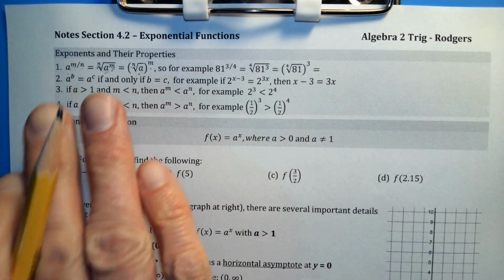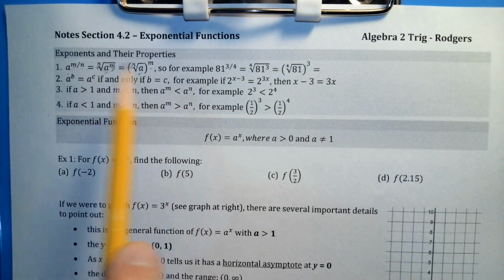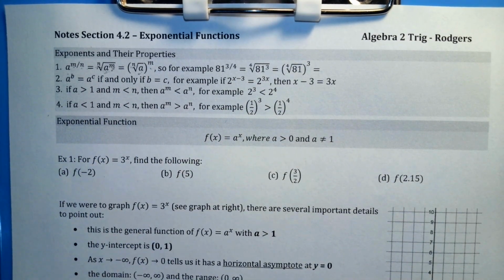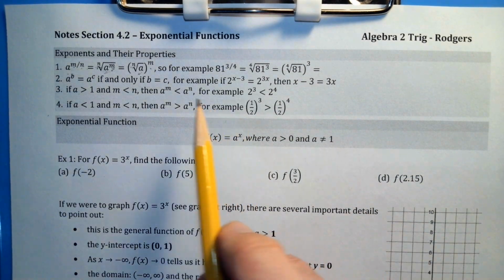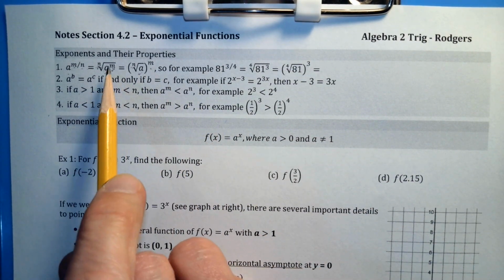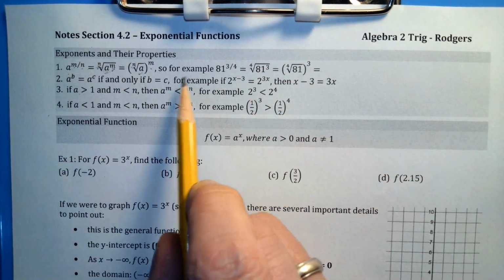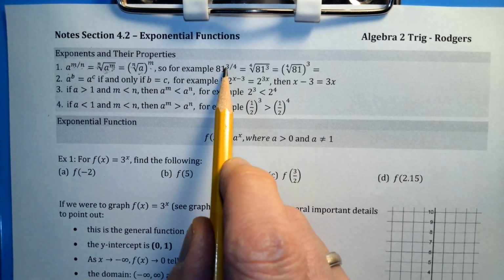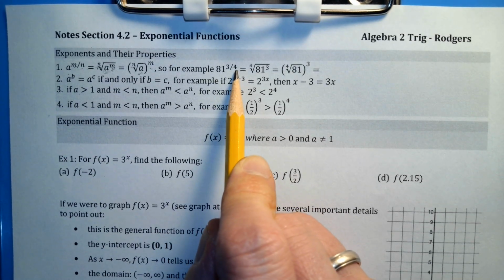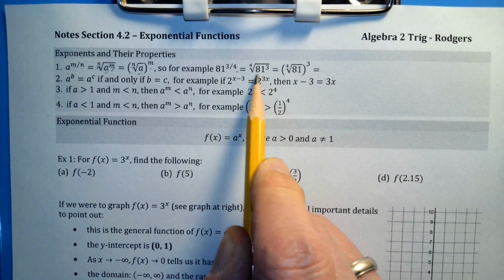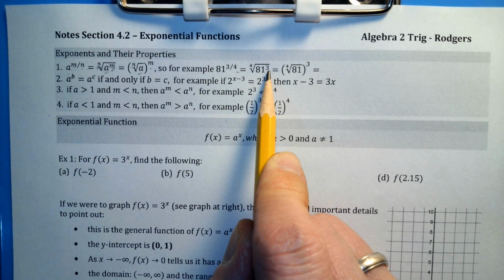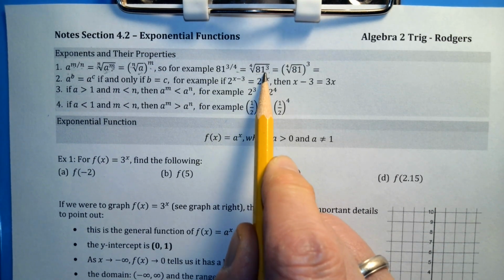But except for that condition when a is negative and n happens to be even, we'll just assume that we can do one or the other first, whichever is more useful. So if we have something like 81 raised to the 3/4 power, then that's the fourth root of 81 cubed. But of course, 81 is already kind of big.